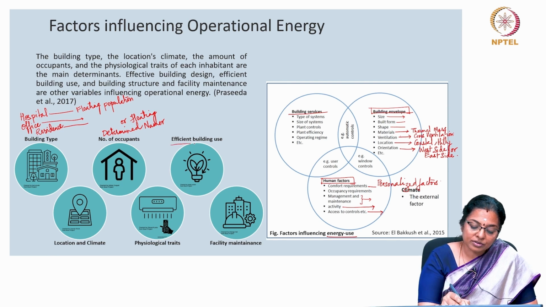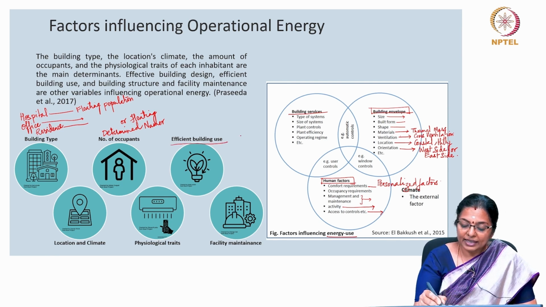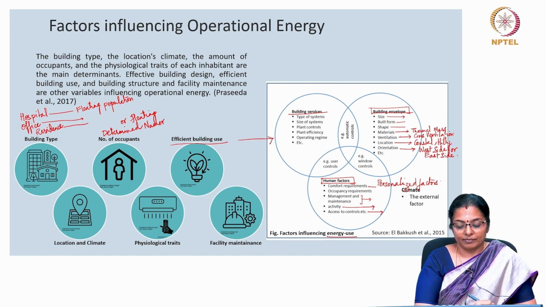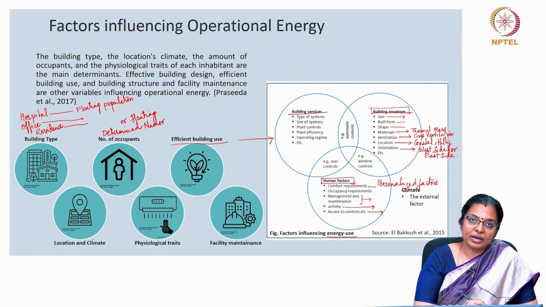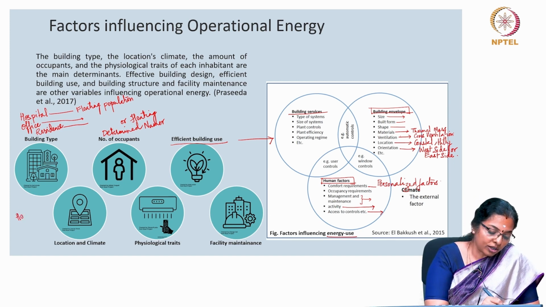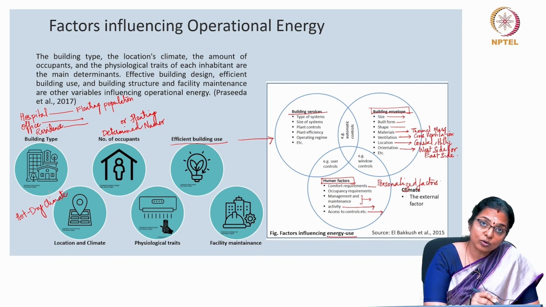Efficient building use, how can that happen? By factoring in all of these factors. Location and climate, based on whether it is located in a hot dry climate, in which case you can use desert coolers or air conditioners to make the indoors comfortable.